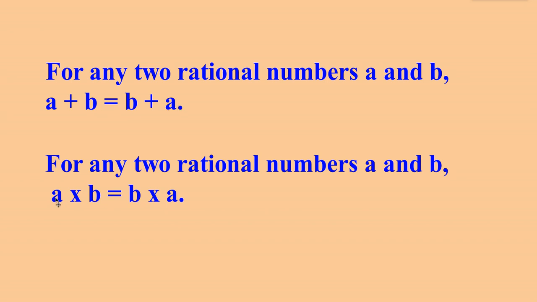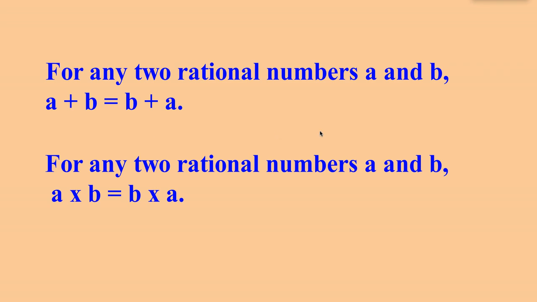Similarly, a into b or b into a, you will get the same answer. What is this property known as? This property is called commutativity of rational numbers. Here we can say rational numbers are commutative under addition and multiplication.